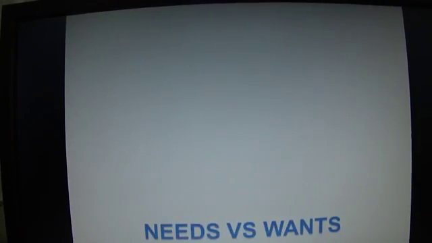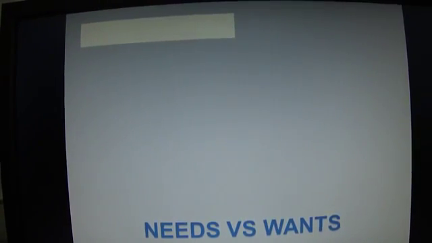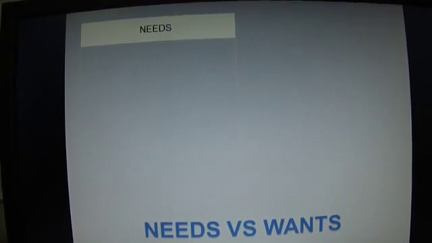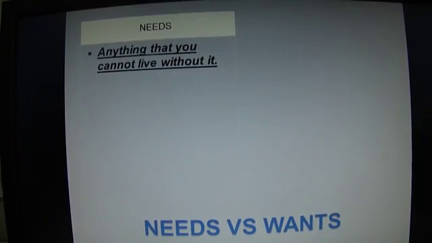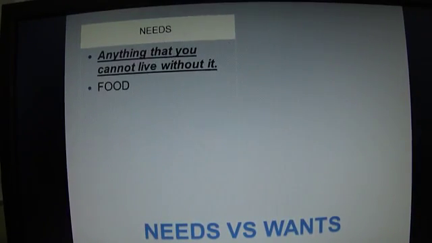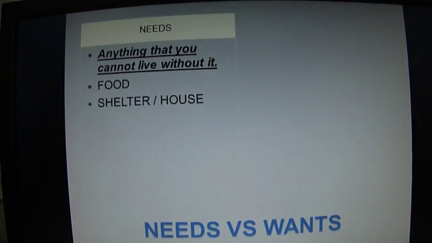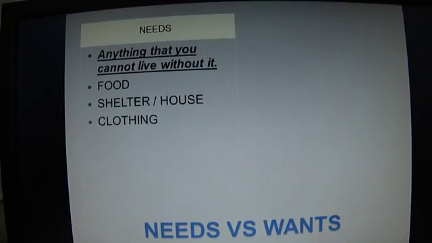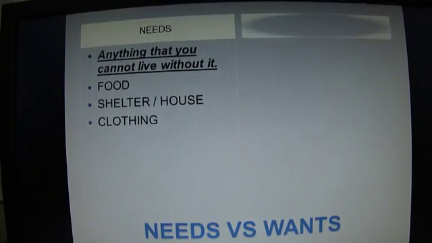Now let us have a quick recall on our needs and wants. What are needs? Needs are anything that we cannot live without. What are examples? Food, shelter or house, and clothing. How about wants?